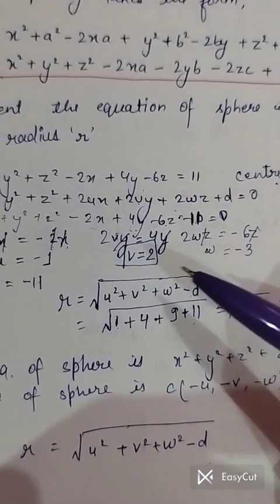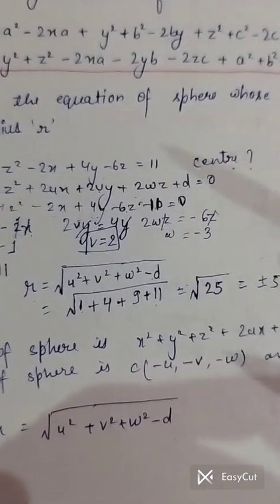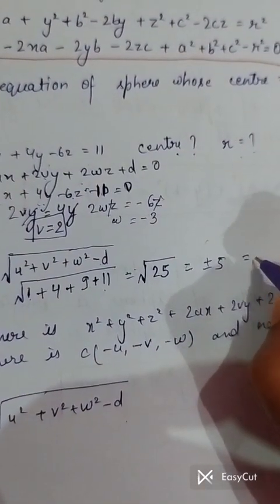Here we are talking about the radius, that is a distance, so we will consider the positive value only.